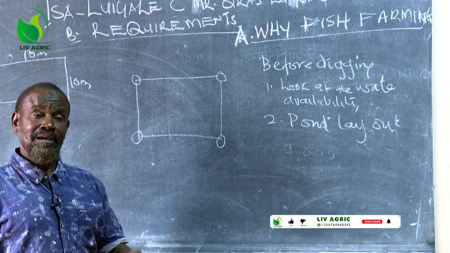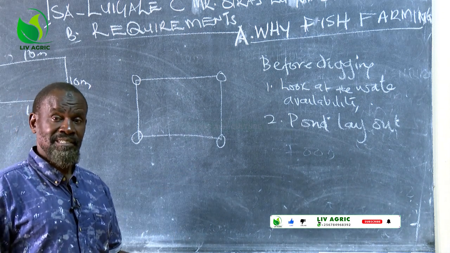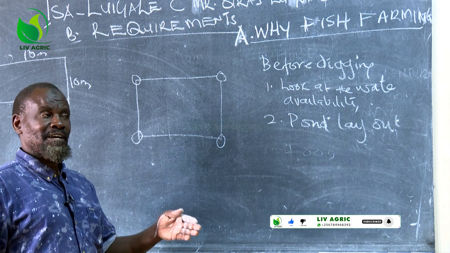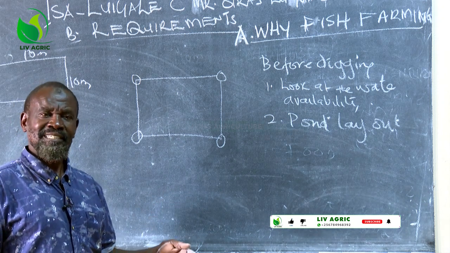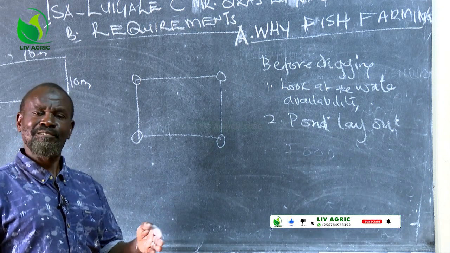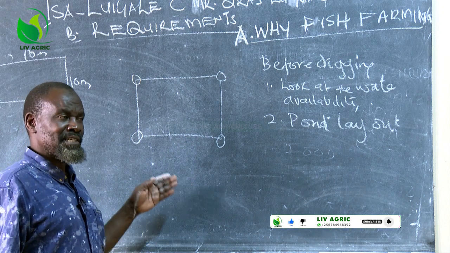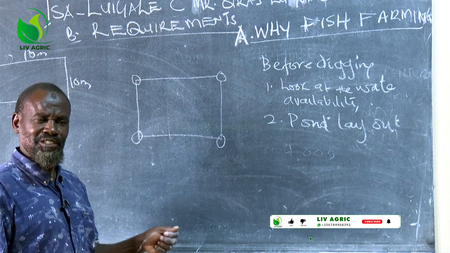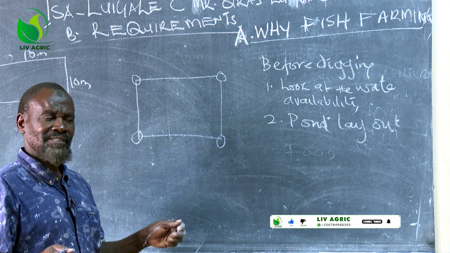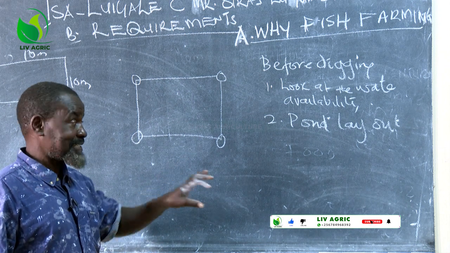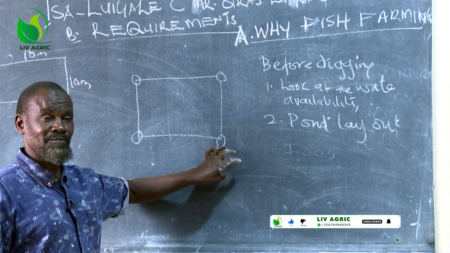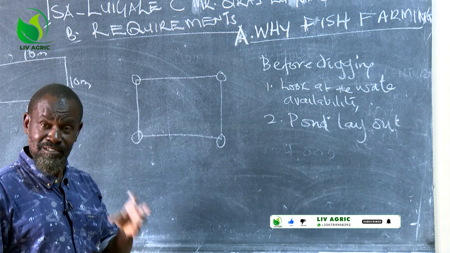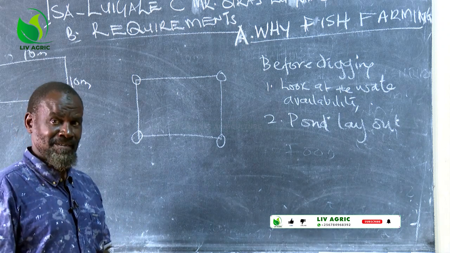The water may be available for 6 months. If the water was available for 6 months, it wouldn't stop us from going into fish farming. We would decide on what type of fish we would go into, which would give us a food security or a food value or an economic return within those 6 months.